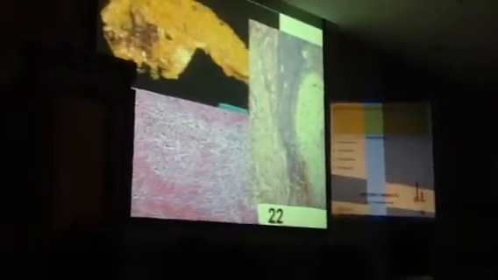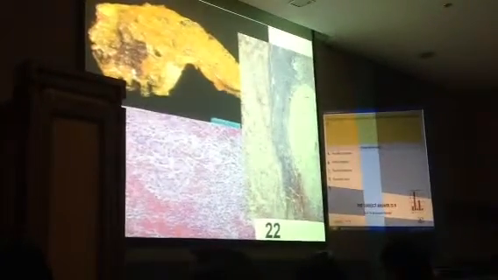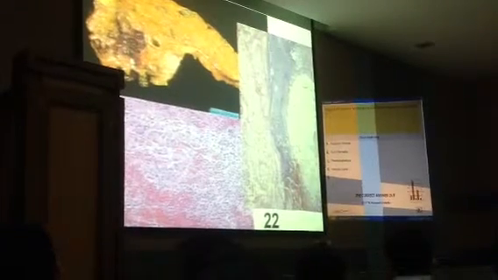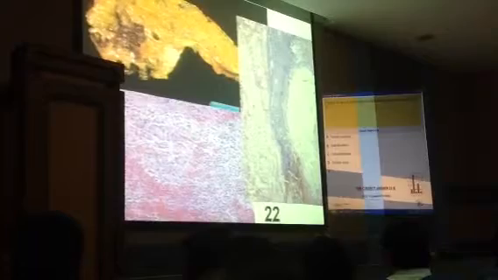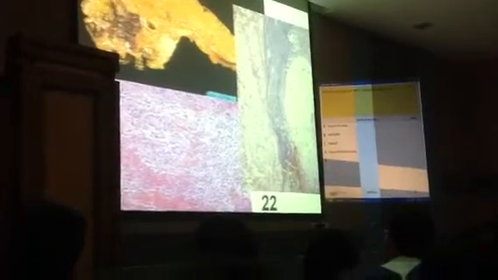Pancreatic calculi are stones, but although they are associated with pancreatitis, they do not per se have features of necrosis and calcification and hemorrhages. So correct answer is B. Okay, next slide.